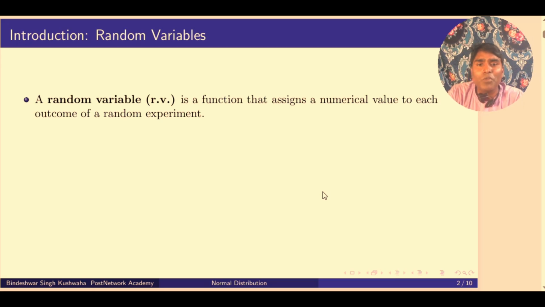So without moving to normal distribution, just recall, I have explained it. What is a random variable? And there are two types of random variables.